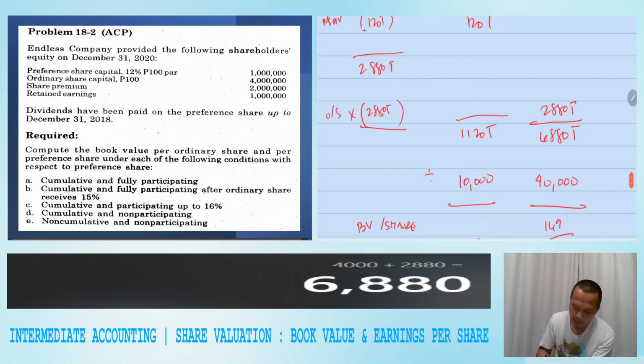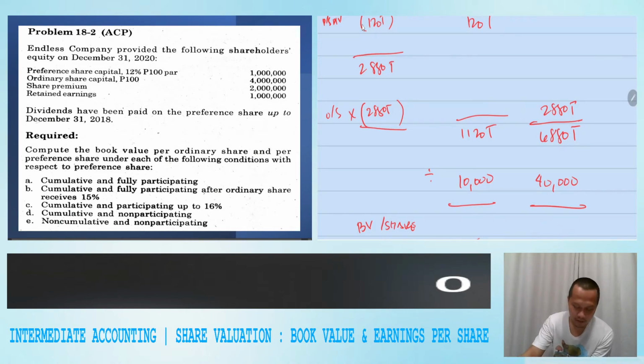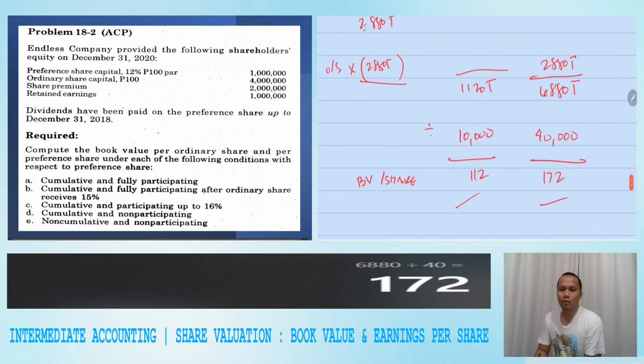So divided by the shares outstanding, that is 40,000. 6,880 divided by 40, we have 172. Pinaka madali. Di ba?